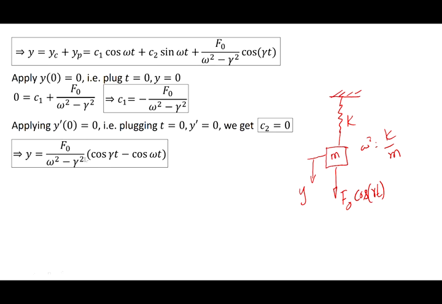And what does this quantity, F sub 0 over omega square minus gamma square, represent? It actually represents the amplitude of a sine wave or cosine wave. So this will cause the amplitude of the mass to keep increasing and increasing.